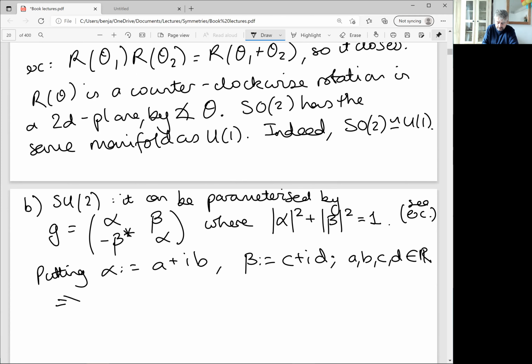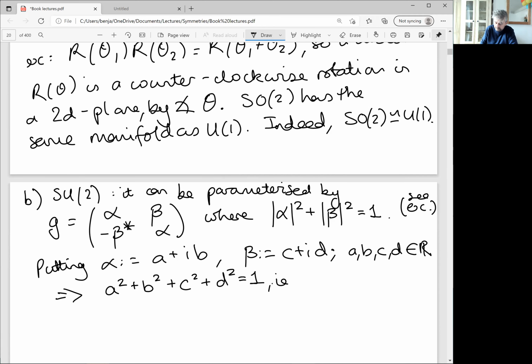So our condition on mod alpha squared plus mod beta squared is 1 means that in terms of these real parameters, we've got a squared plus b squared plus c squared plus d squared is 1. In other words, that's the equation of S3. So the manifold is S3. The group manifold is S3.